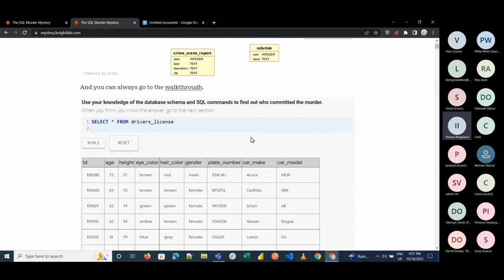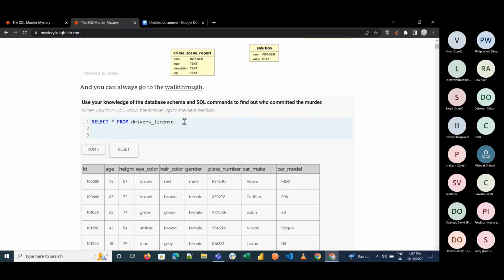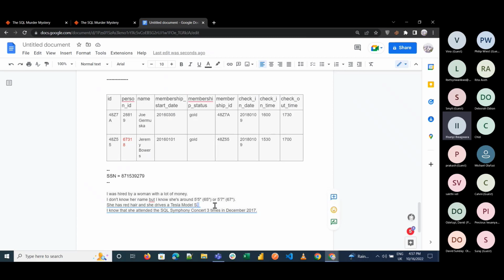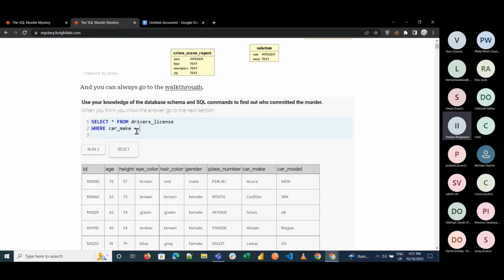So the car make. We know it's a Tesla Model X. We're not sure it was written. So let's use a white card on both sides.